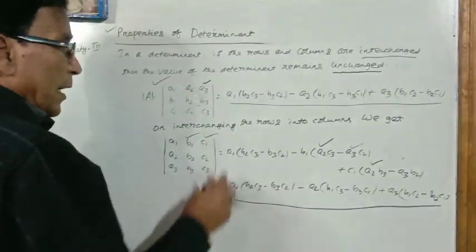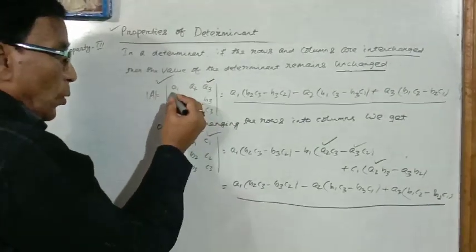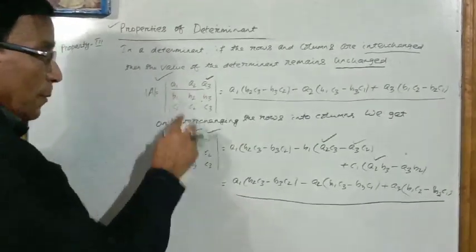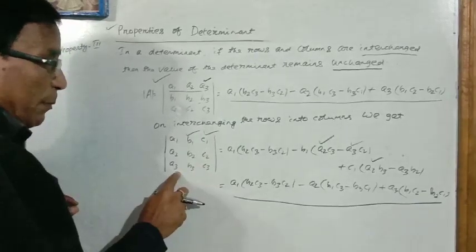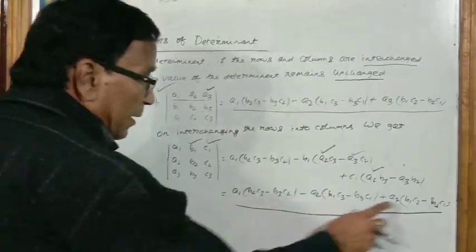That means here in this determinant, if the rows are changed into columns, then always you remember that the value of the determinant remains unchanged.